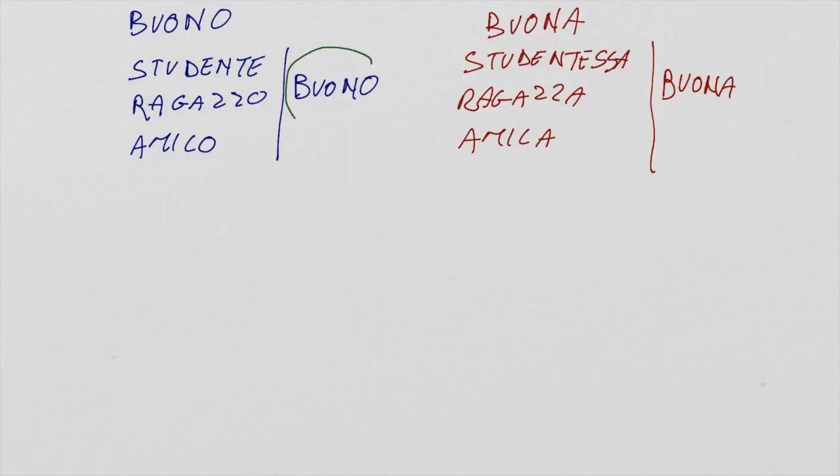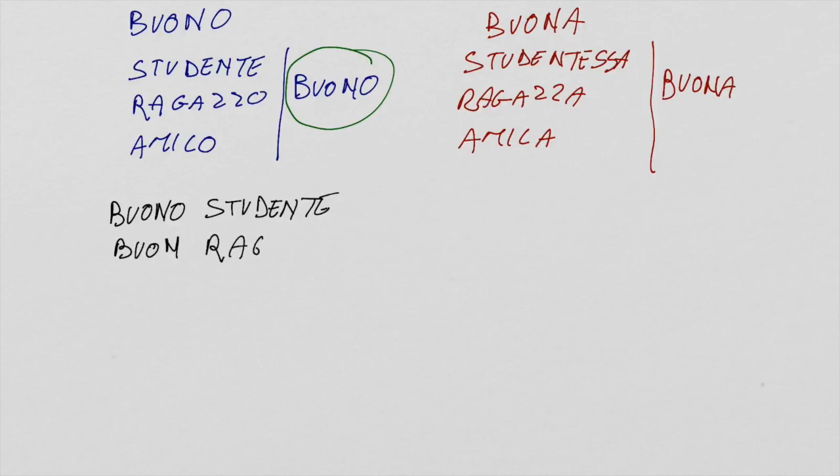So if I take buono and I place buono in front of studente, ragazzo, and amico, you have to notice how buono changes its form. So buono doesn't change with studente, but buono changes with ragazzo and with amico.